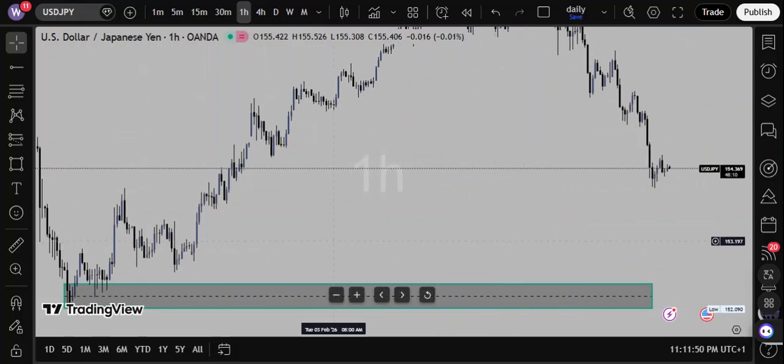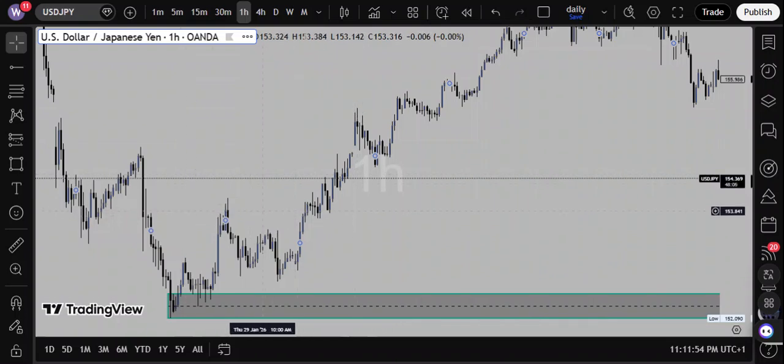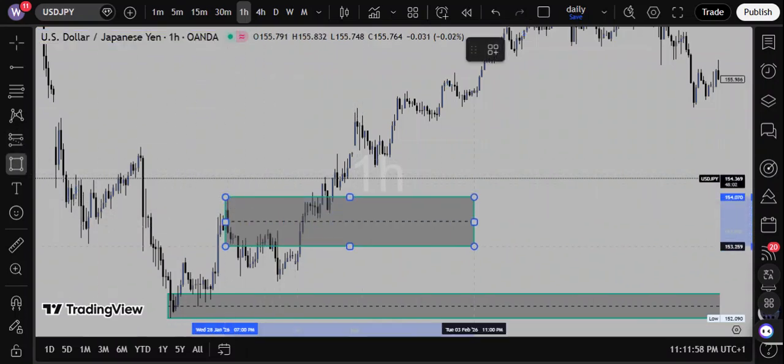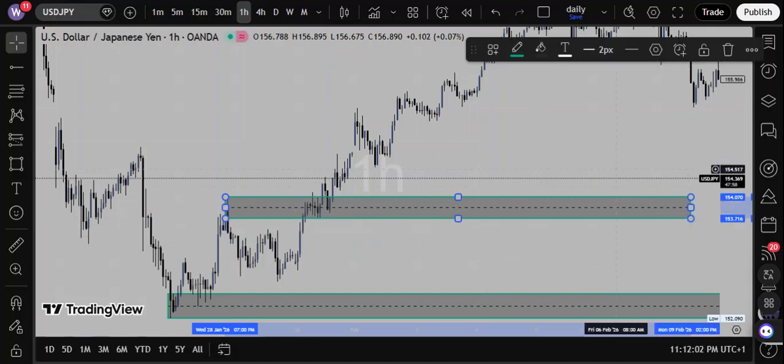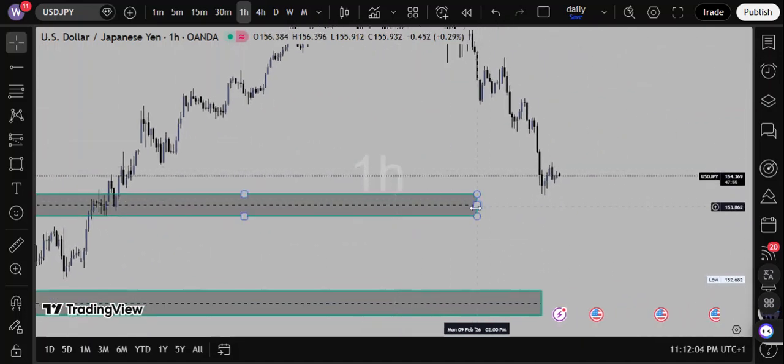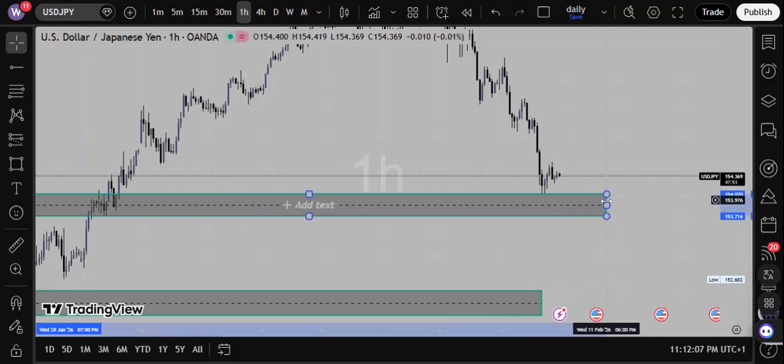I don't want to overcomplicate it. But let's say this is a breakout area, which is this zone right here. Look at this zone right here.